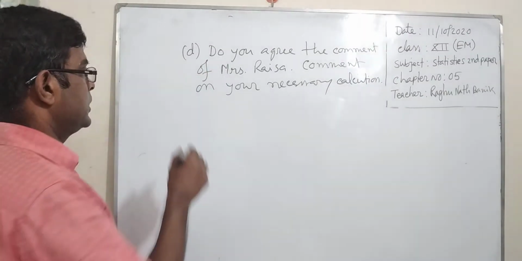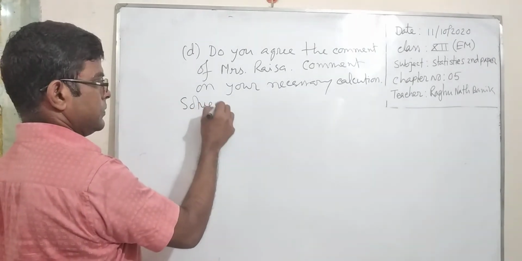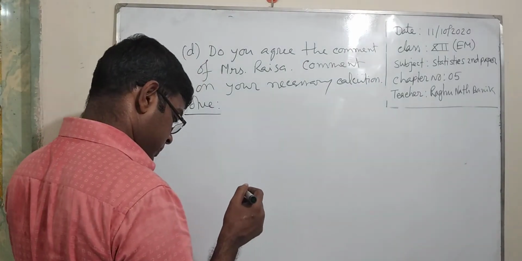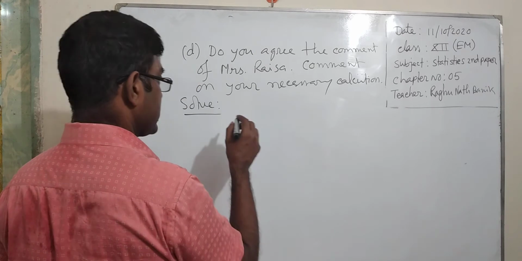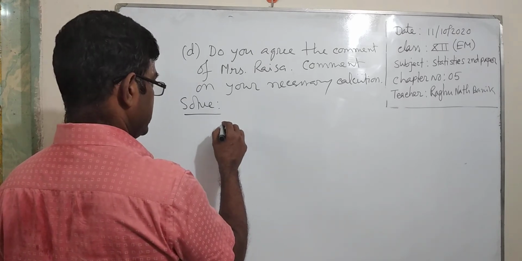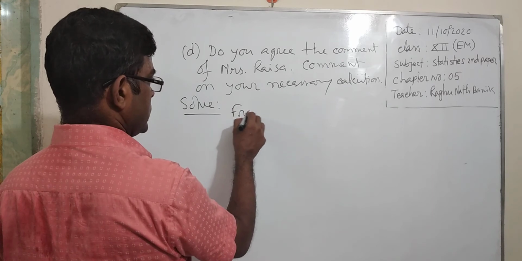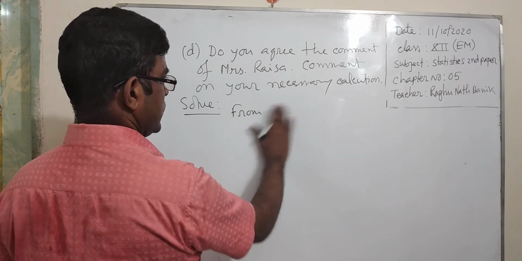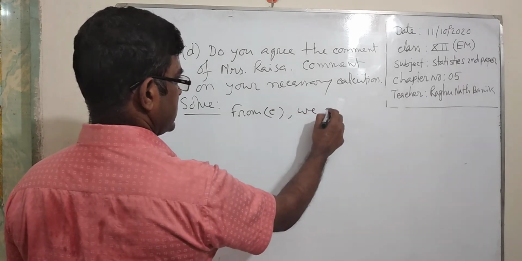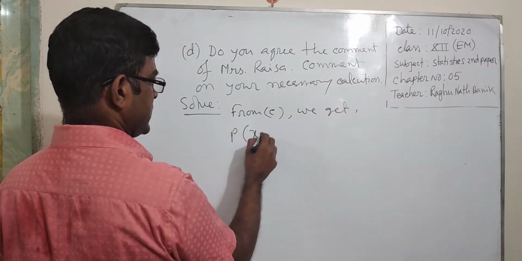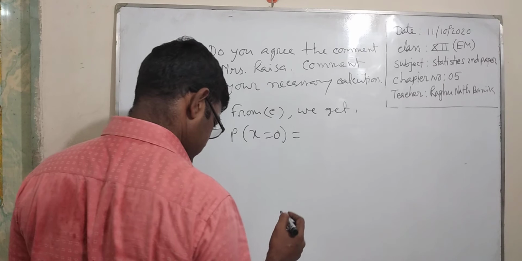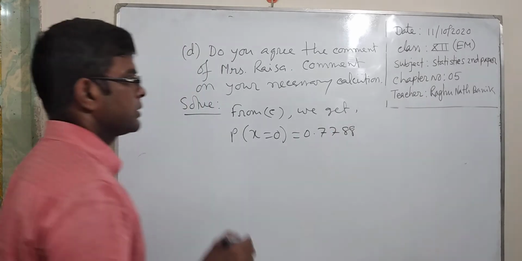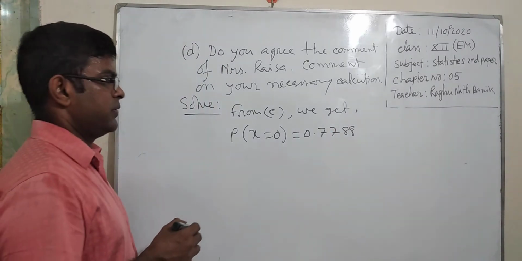Okay, solve. From equation C we get the probability of no defective items, probability of x equal to 0, equal to 0.7788. We solved this in the previous question.